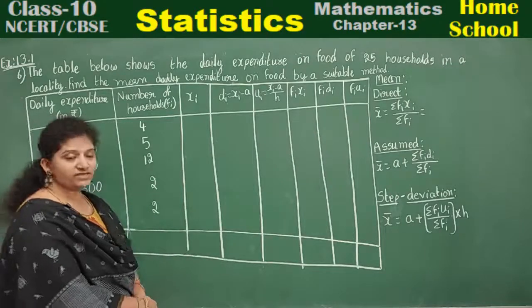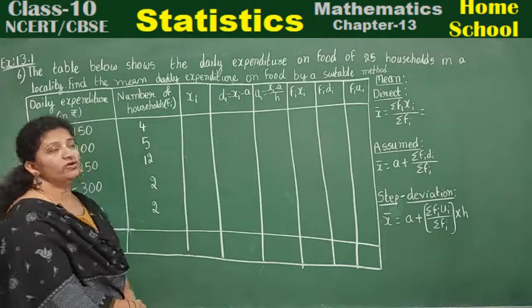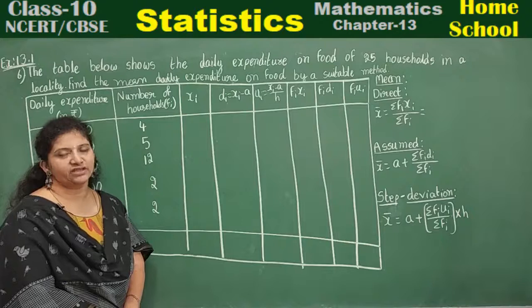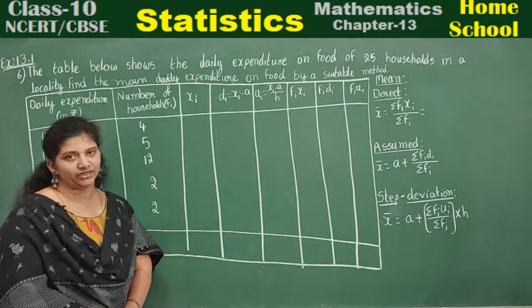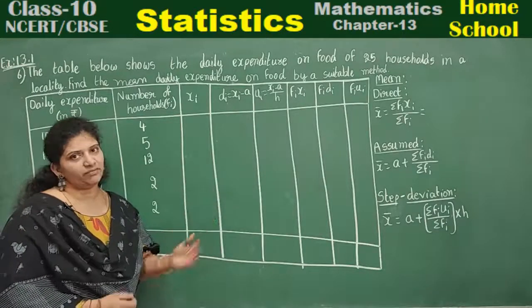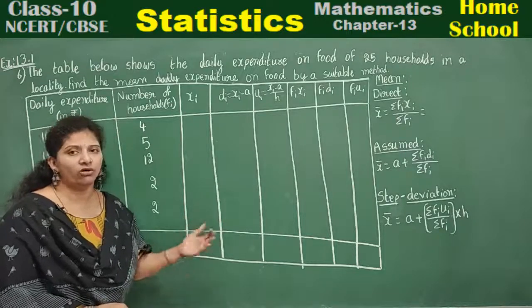Okay, so what is this problem? It shows the daily expenditure on food by 25 households. We need to calculate the mean by any suitable method. We know three methods: direct, assumed mean, and step deviation. Whichever method you feel suitable, you can go with it.